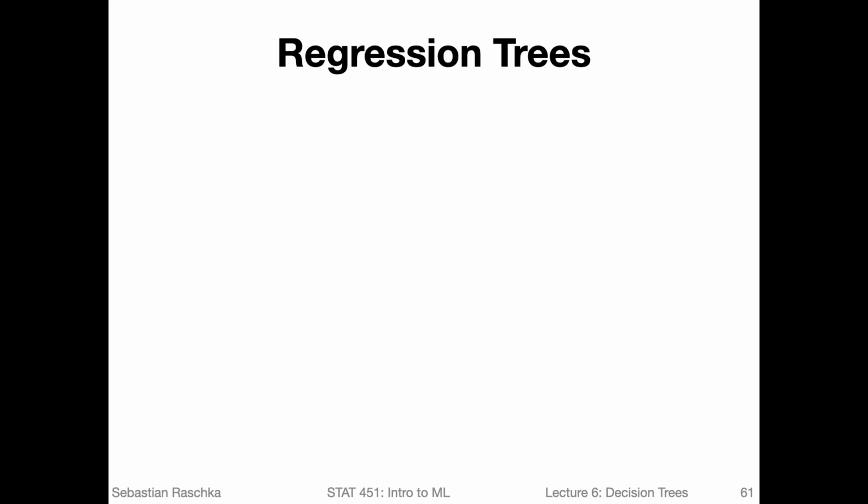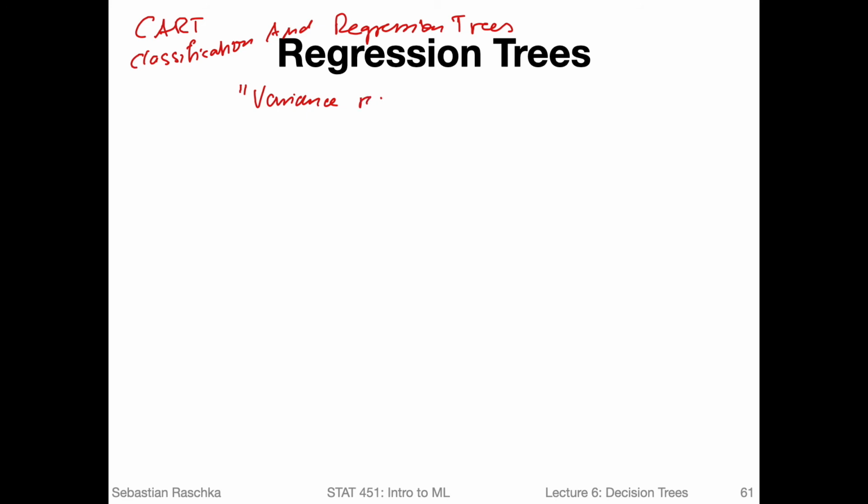Yeah, decision trees can also be used for regression analysis, especially the CART trees, because as you remember, CART stands for classification and regression trees. So instead of using information gain for growing the decision tree, we use a concept called variance reduction.